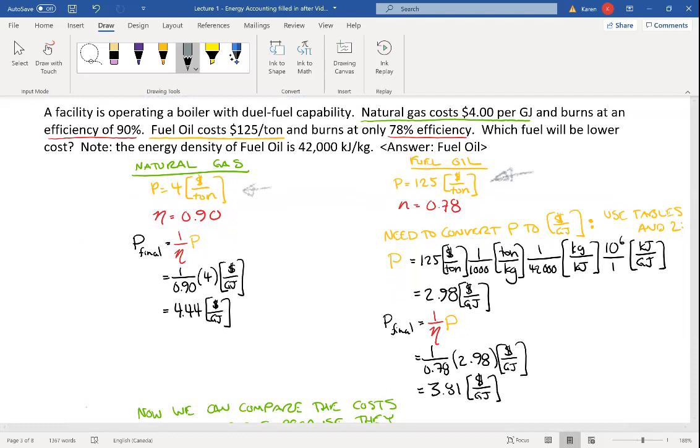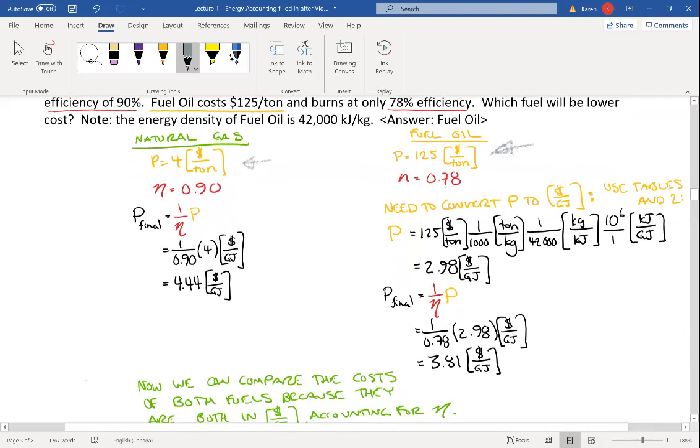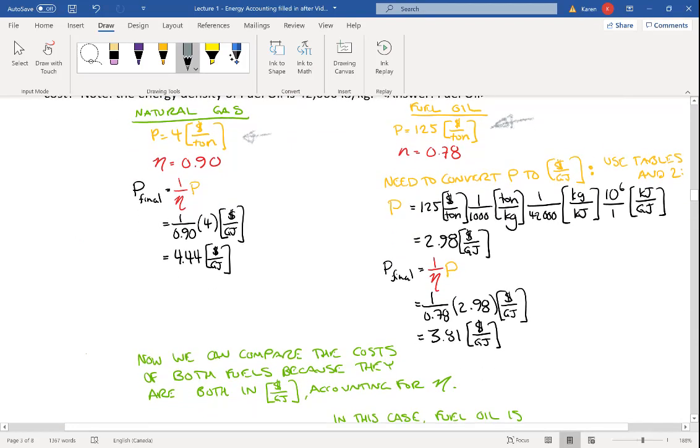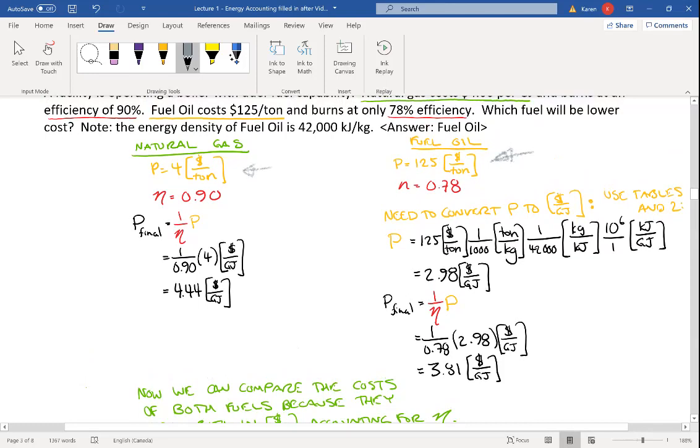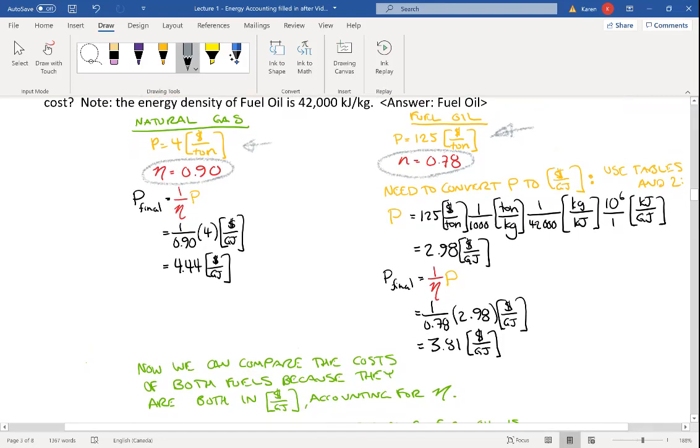You can see that the cost of natural gas and the cost of fuel oil are measured in the same units of dollars per ton, but the efficiencies are different. The efficiency of burning natural gas is 90%, but the efficiency of burning fuel oil is only 78% in this question. It's actually lower in reality.